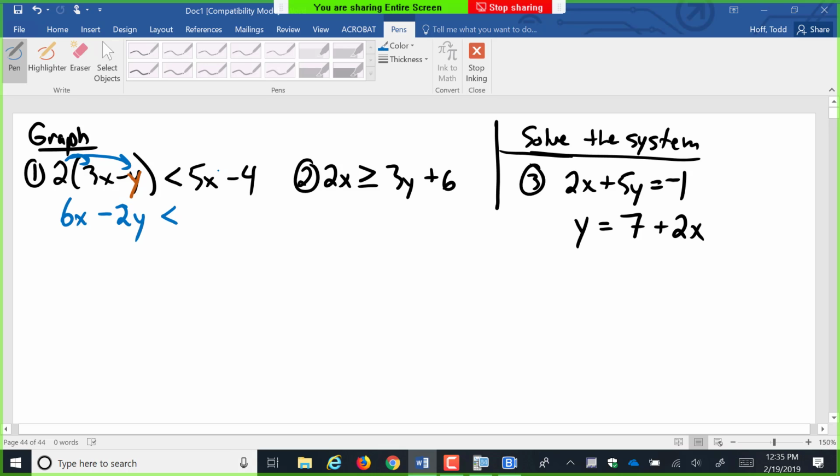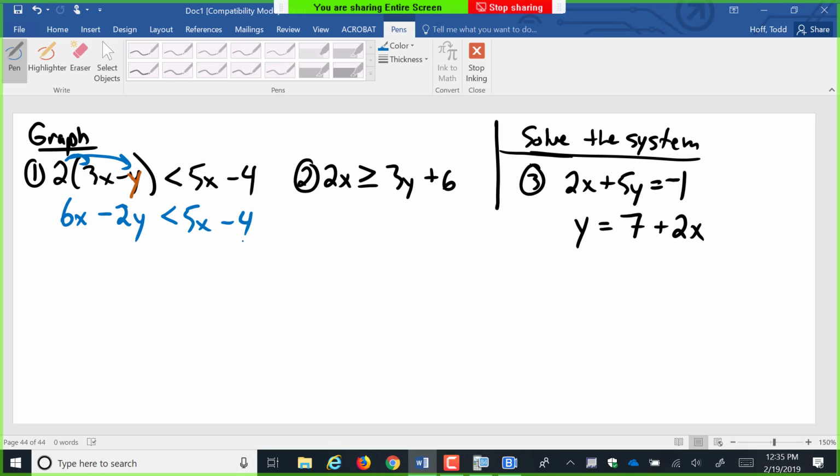So then going into the next side, we just have the 5x minus 4, nothing to do there. So we've combined everything we can on each side. What's our next step? We want to get y by itself. Normally we'd try to get rid of the smaller one, wouldn't we?